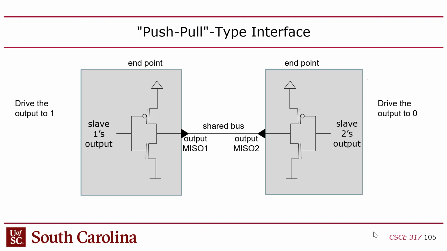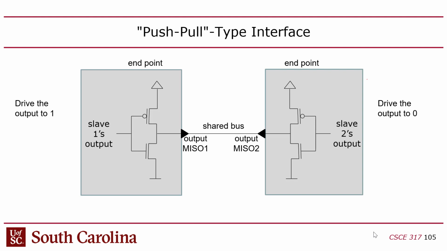CMOS, which stands for complementary metal oxide semiconductor, is whenever you have a circuit that has an output that is controlled by a pull-up network and a pull-down network, where pull-up is PMOS, pull-down is NMOS, right?